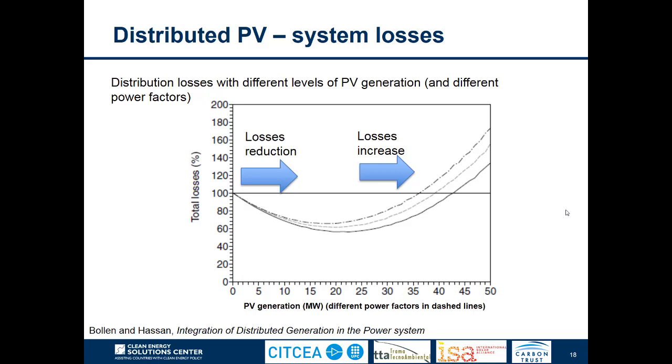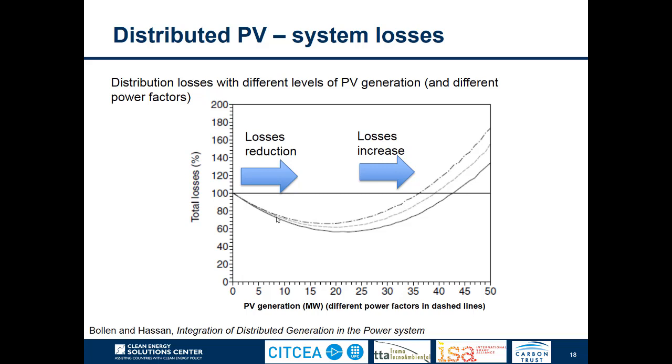If in the previous example we analyze how the losses of the system are behaving, we see something similar. For low levels of integration of PV, increasing the PV means losses reduction. We are seeing it in the beginning, in the left side of the figure.